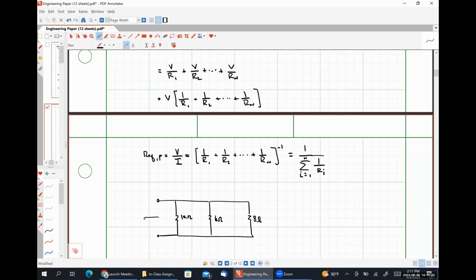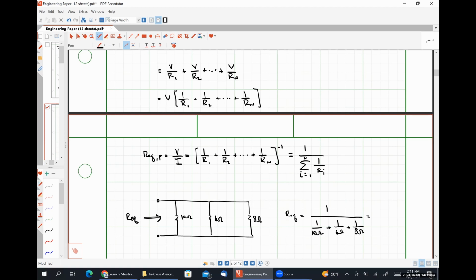And we were trying to find the equivalent resistance seen between these terminals. REQ would be 1 over 10 ohms plus 1 over 6 ohms plus 1 over 8 ohms.